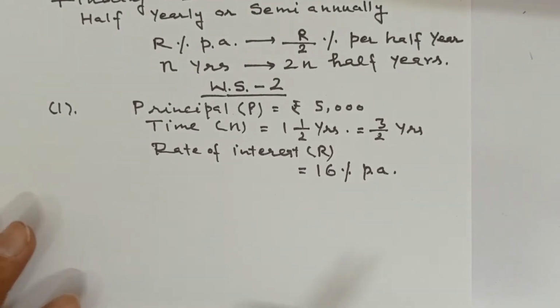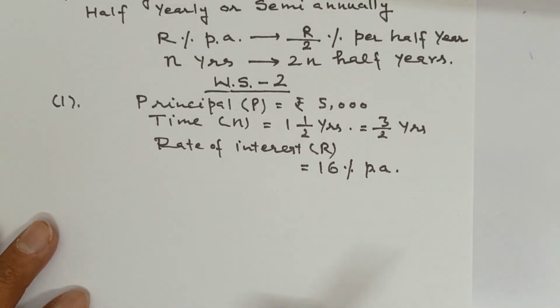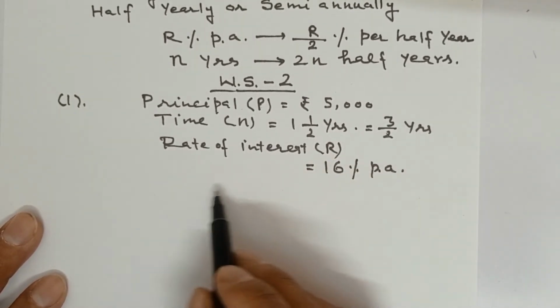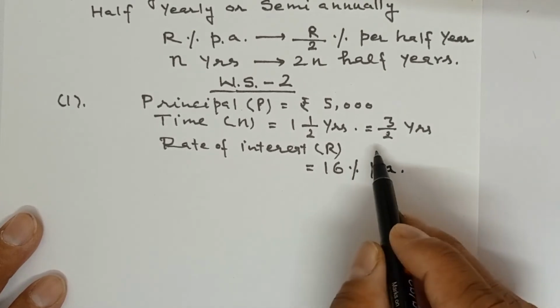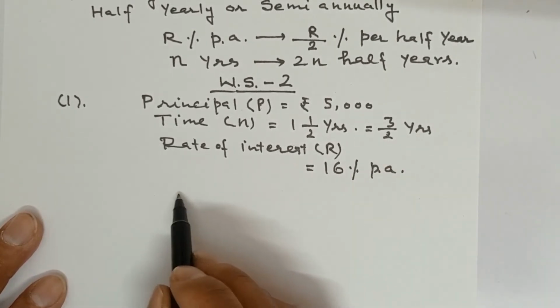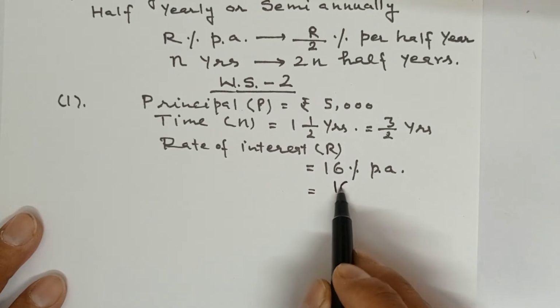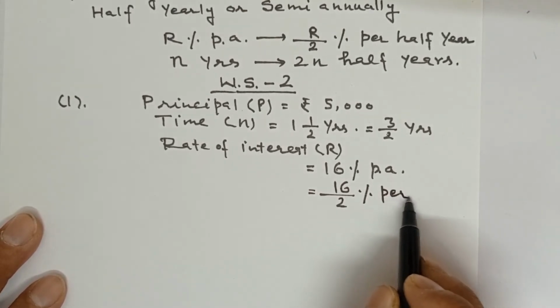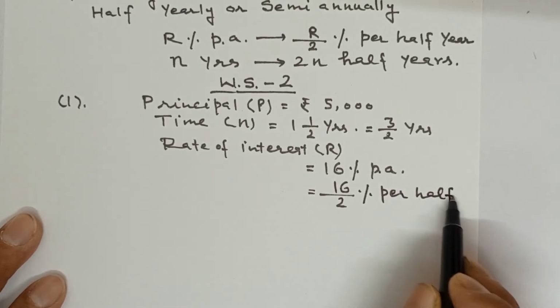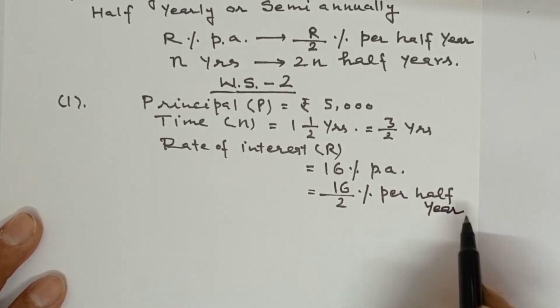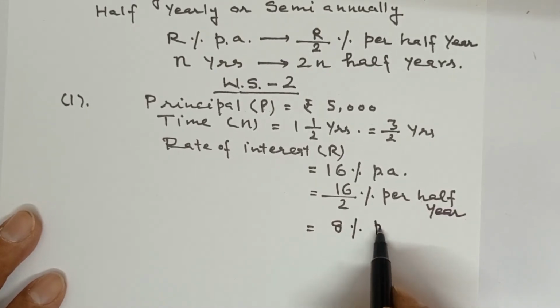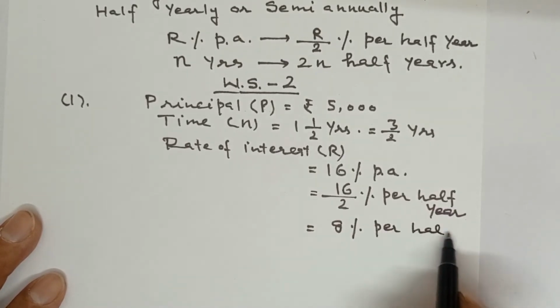This word is mainly important. Whenever there is compounded half yearly, you need to convert everything as per half years. So first I am writing here 16 upon 2% per half year. 16 divided by 2 is 8% per half year.